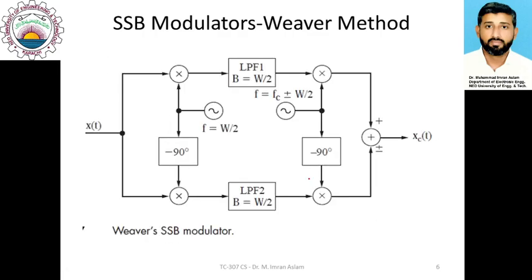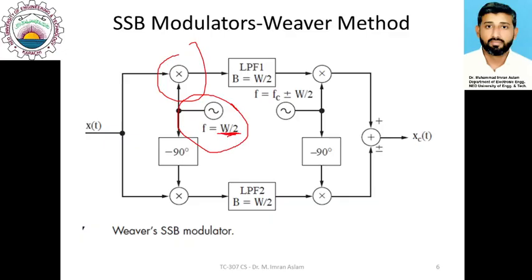So this is the block diagram of the Weaver method. You can see that at the first stage we are applying this oscillator, this carrier wave with the frequency of W by 2.